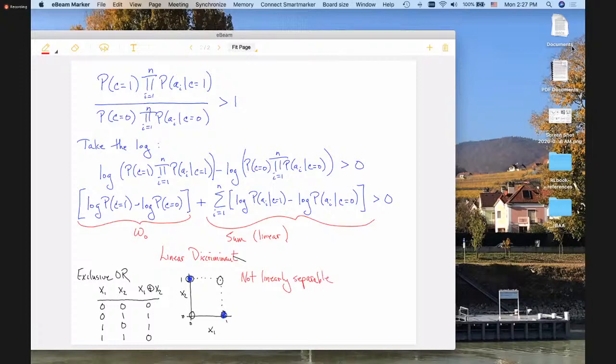Now, what's rather interesting is if we take this particular problem, and let's just suppose that those 4 examples define our entire data set. And what we want to do is learn a naive Bayes model using those 4 examples. What you will find is that it doesn't matter which of those vectors you use.